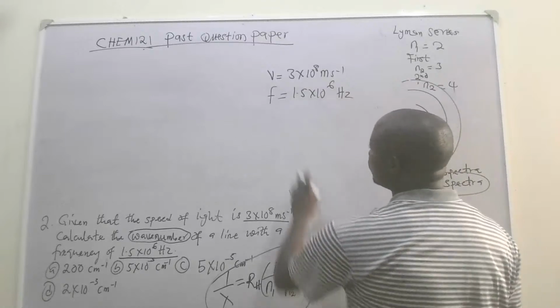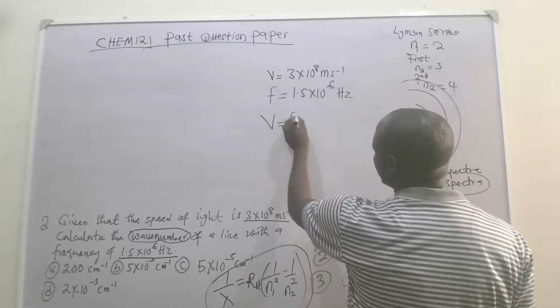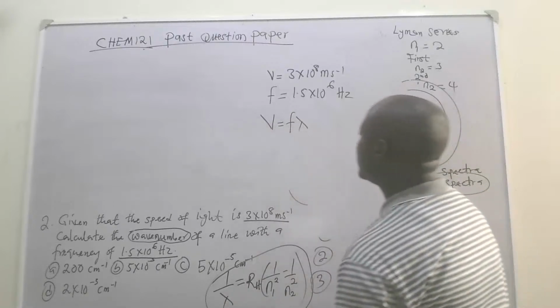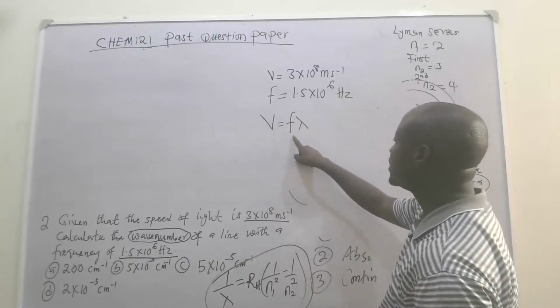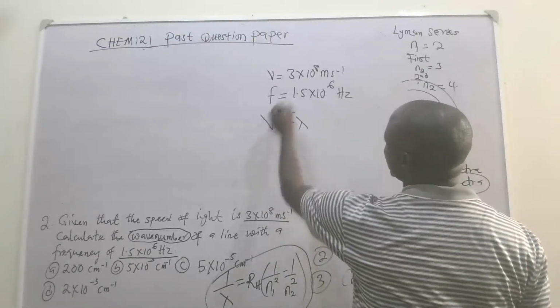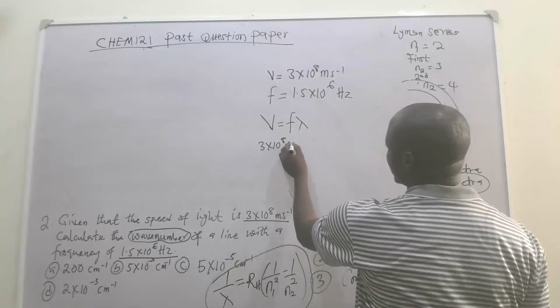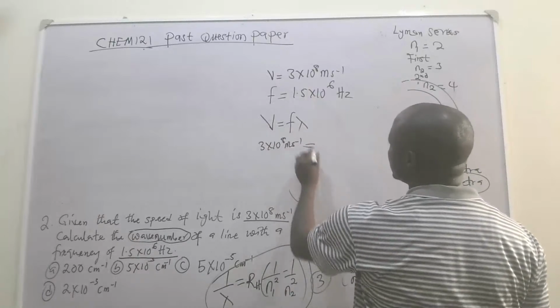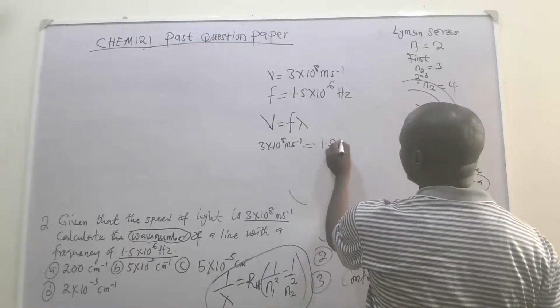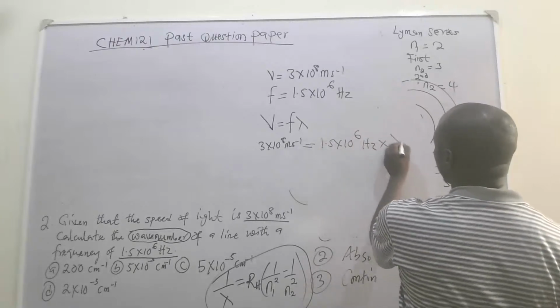So how do we calculate this? There is a formula that says v is equal to f lambda. That is, the velocity of light is equal to frequency times lambda. So the velocity here is 3 times 10 raised to the power of 8 meters per second, which is equal to the frequency, 1.5 times 10 raised to the power of 6 hertz, times lambda.